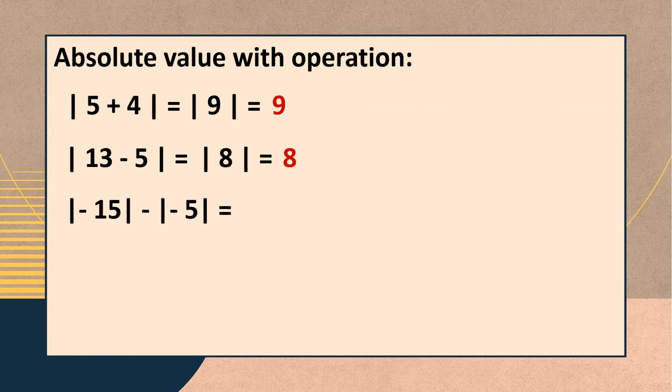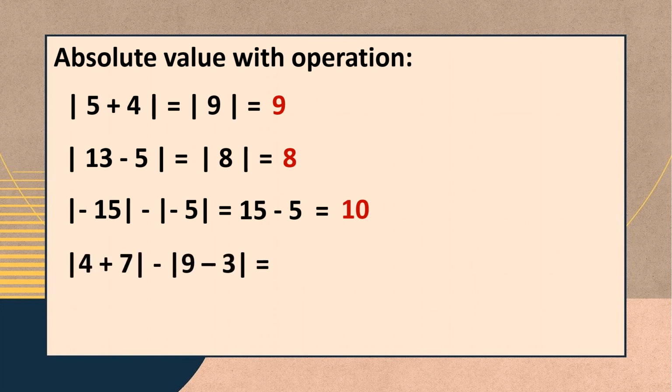Next, absolute value of negative 15 minus absolute value of negative 5. Get first the absolute value of negative 15, then negative 5. So we have 15 minus 5, that is equal to 10. Next, we have absolute value of 4 plus 7 minus absolute value of 9 minus 3.